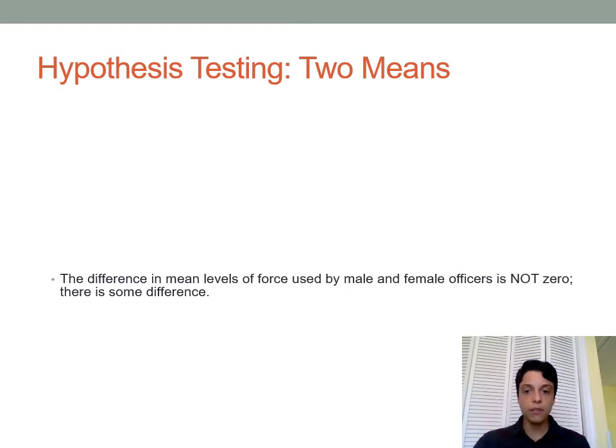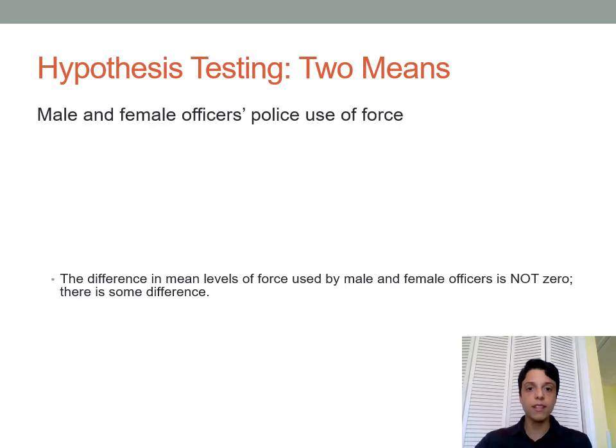So now I'll get into the weeds a little bit more of hypothesis testing for two means. I'm going to just use the first example I had on that slide, which would be use of force among male and female police officers. When we do a hypothesis test, we're always going to start out by writing out our hypotheses.